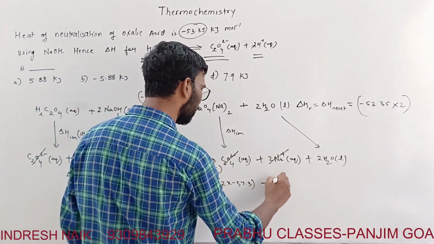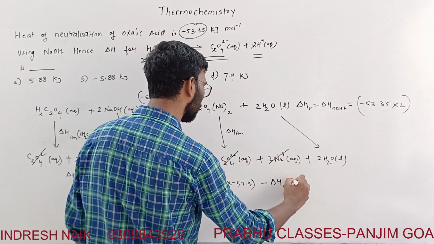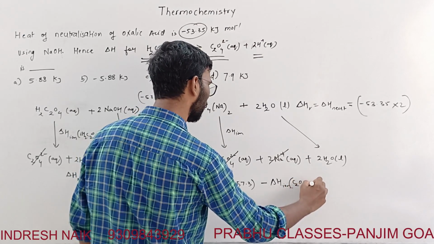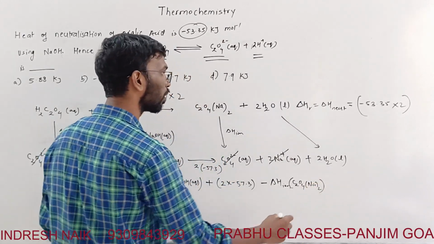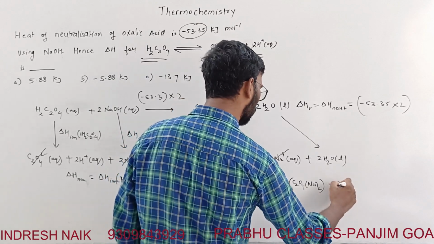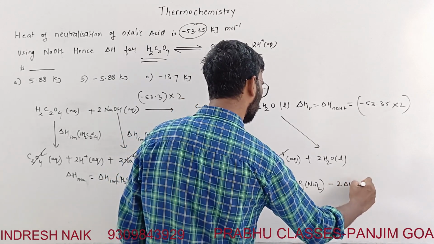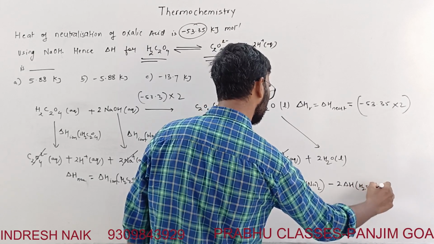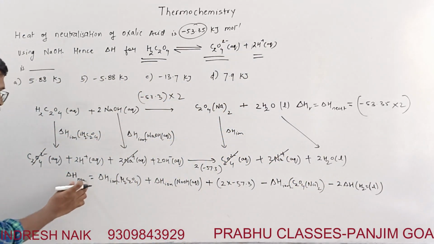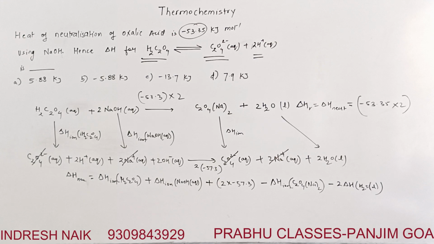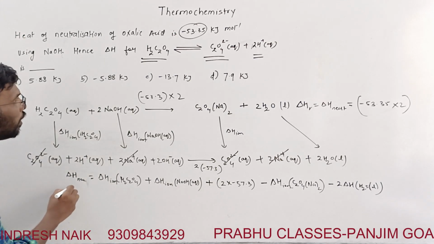So these are opposite arrows, no? So therefore I write, although it is 0, C2O4 Na twice minus 2 into enthalpy of H2O liquid, right? So we'll put this value. The enthalpy of neutralization given is 53.35 into 2, no?